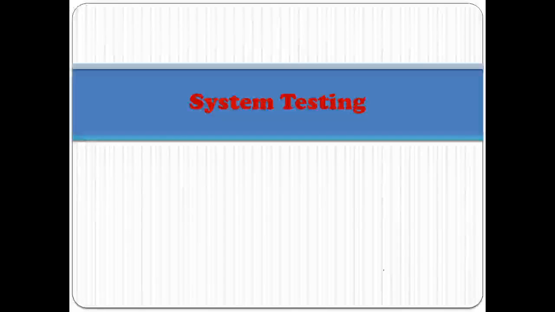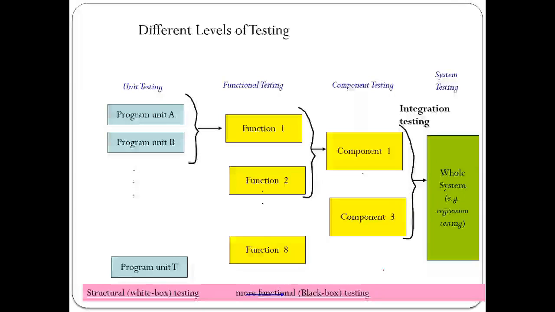Next topic we'll see system testing. When you carry out system testing, you have already seen this diagram in integration testing. The first one is unit testing. When you combine two units, it becomes a function. When you combine two functions, it becomes a module.